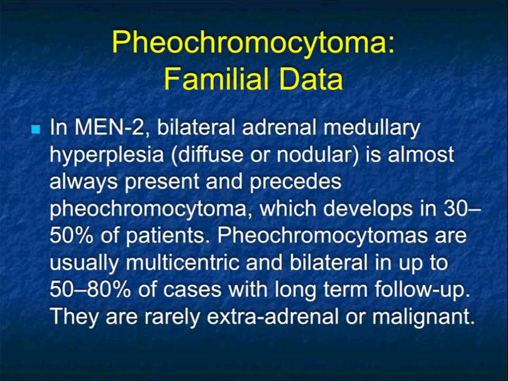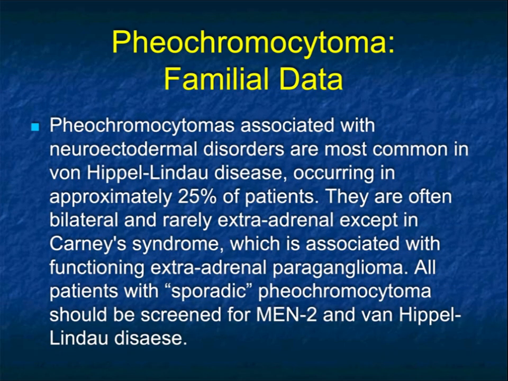In MEN2, bilateral adrenal medullary hyperplasia is almost always present and precedes Pheos, which develop in up to 30 to 50% of patients. Pheos are often multicentric and bilateral in up to 50 to 80% of cases with long-term follow-up. Pheos are associated with neuroectodermal disorders, are most common in von Hippel-Lindau's disease, 25% of patients.